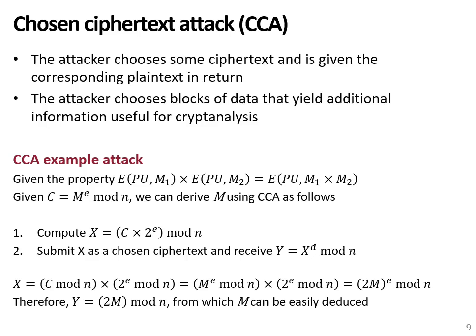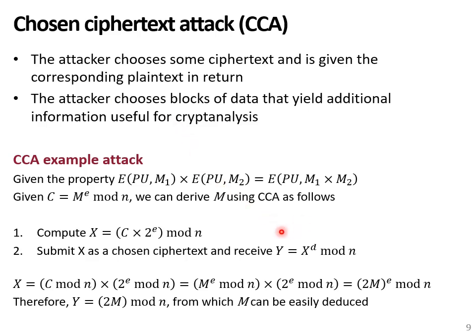Now we know that x equals C modulo n times 2 to the e modulo n. C equals m to the power e, so we can then derive that x equals 2 times m to the power e modulo n.